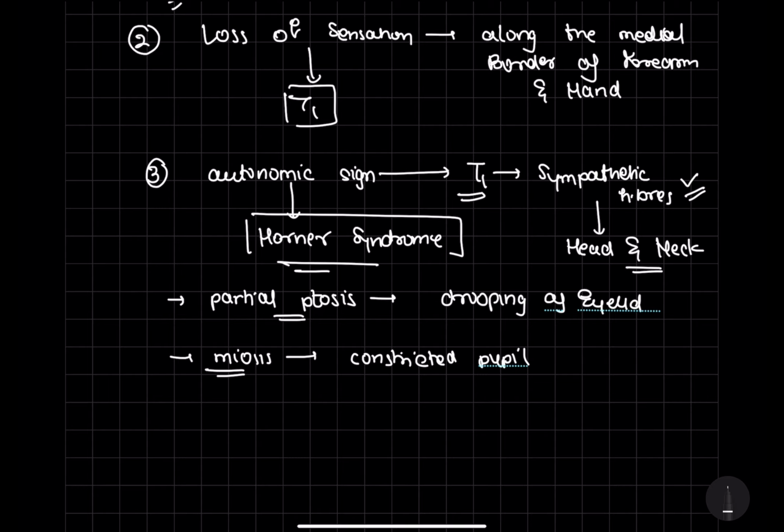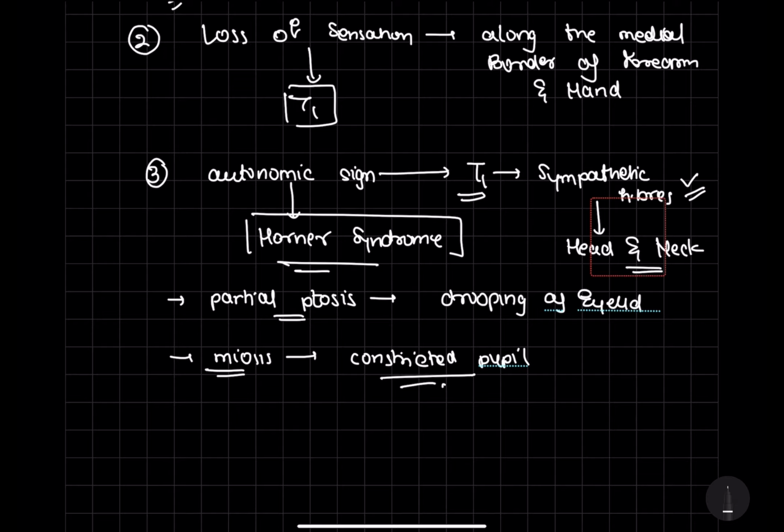So what is the function of a sympathetic fiber? Fight or flight. In fight or flight, we require more light going into our eyes. So what does sympathetic fiber do to your pupil? It dilates your pupil, but now your sympathetic fibers are gone. So your parasympathetic system will become more active, because of which there will be constriction of pupil. This is one of the tricks that you could try.